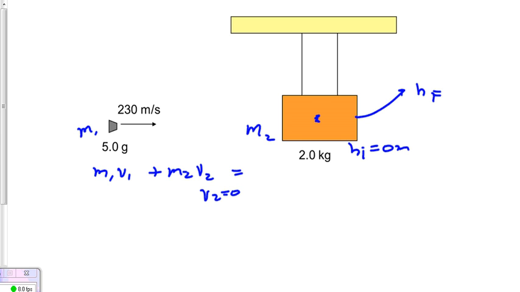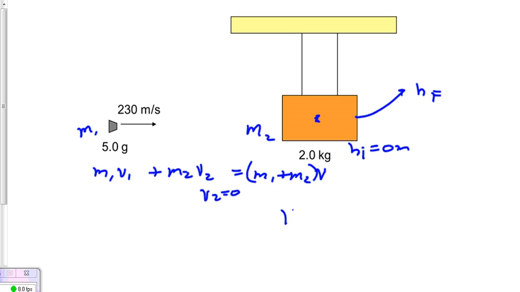And that'll equal m1 plus m2 times one common final velocity between the two of them. Of course the mass of the bullet is going to be quite small, but we'll still add it into the mass there.